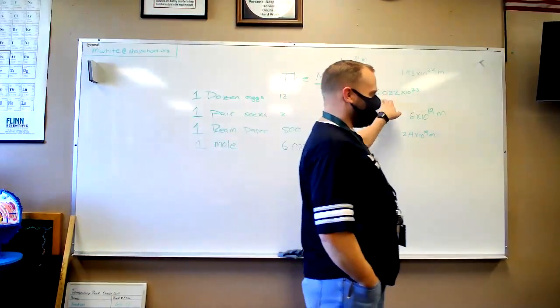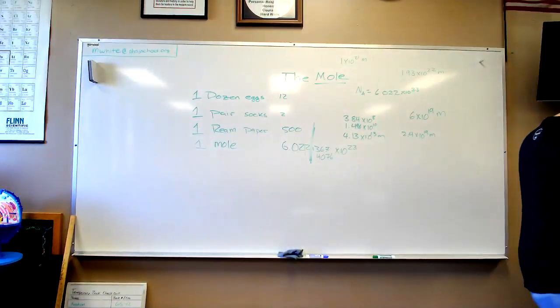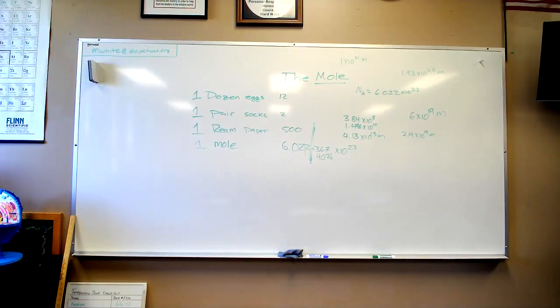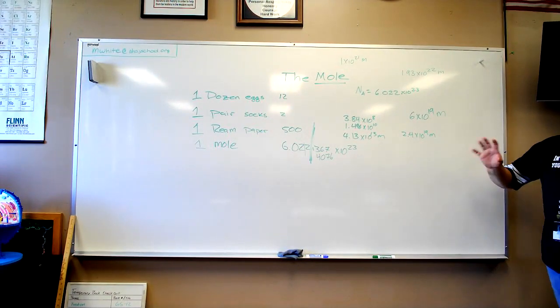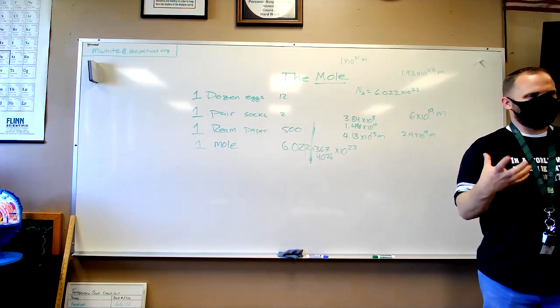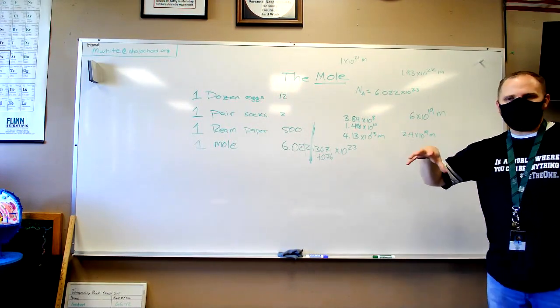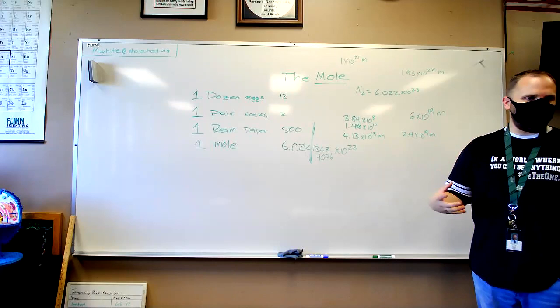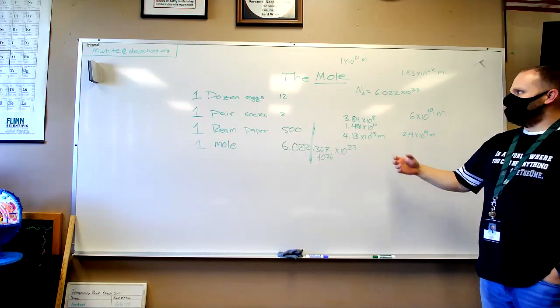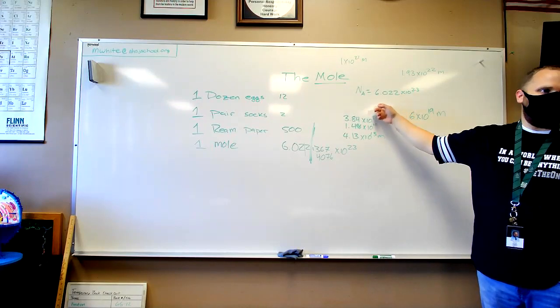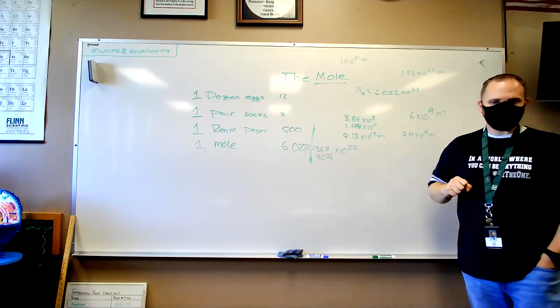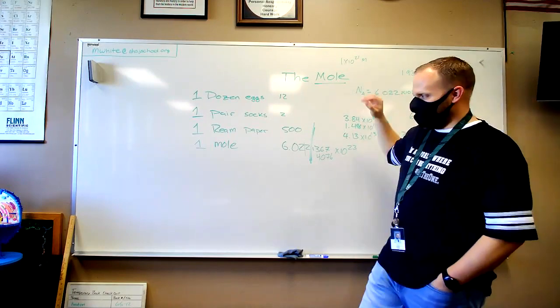Remember, when we said the origins of that number, that was the number of atoms in 12 grams. Okay? So when we're dealing with normal amounts of stuff, if we need to know how many atoms or molecules or whatever there are, the numbers get really big really fast. Okay? And so that's why this number is so huge.